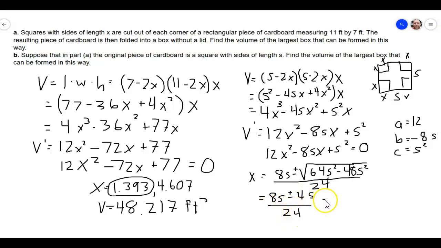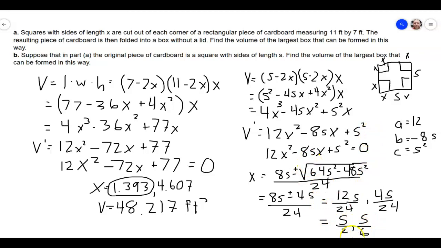So this is equal to, let me see, 8s plus 4s is 12s over 24. And 8s minus 4s is 4s over 24. And those will reduce down to s over 2 and s over 6.